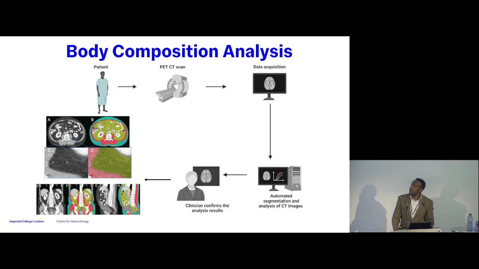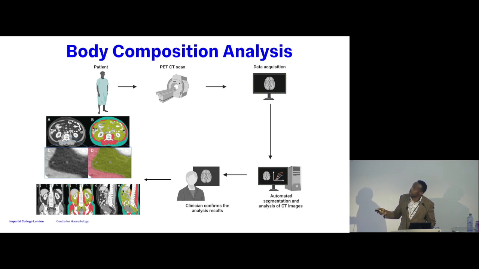Every slice of the CT image is segmented, every pixel is segmented, and you end up with different body compartments in different colors, and a computation of the whole segment into volumes for the individual.